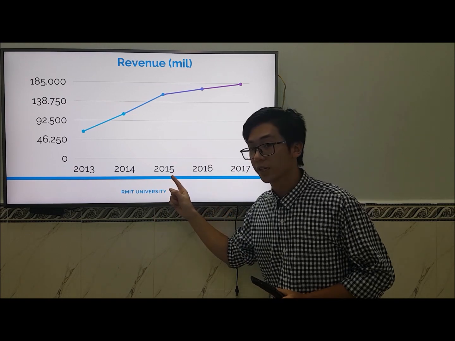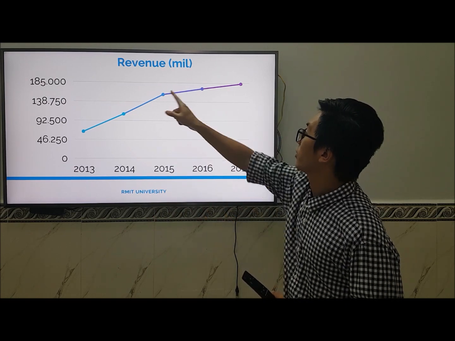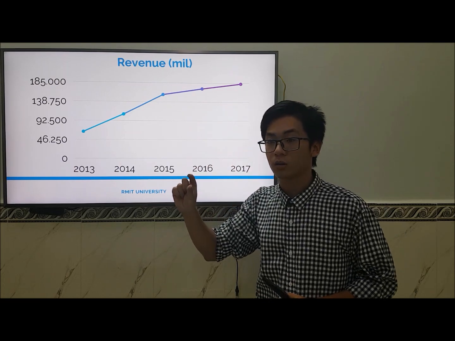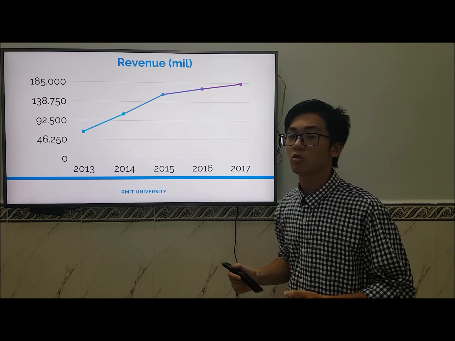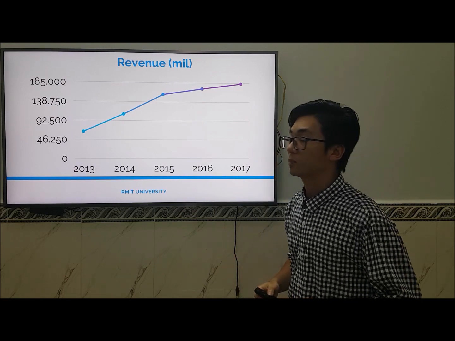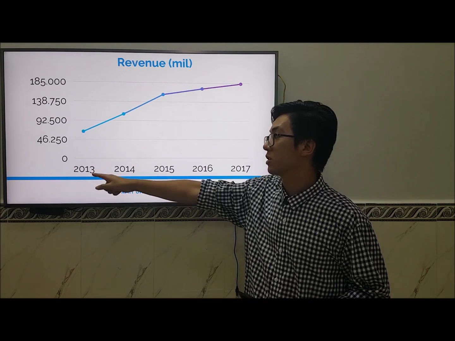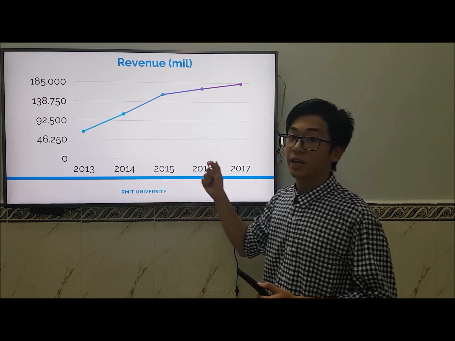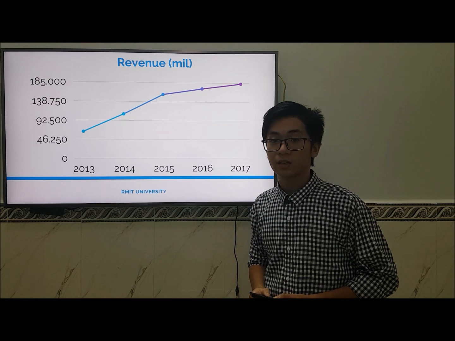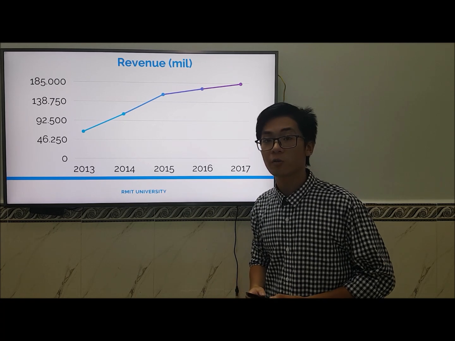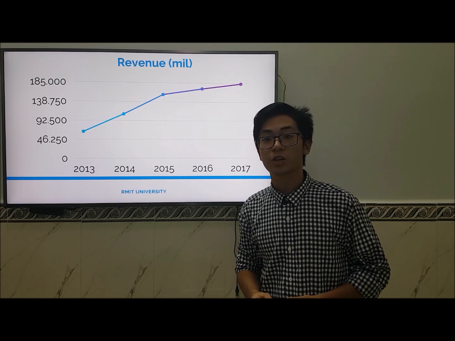But from 2015 to 2017, the gap is much smaller, only about $20 billion. In conclusion, Apple has been doing a great job from 2013 to 2015, but after 2015, the profitability has decreased compared to the previous years.